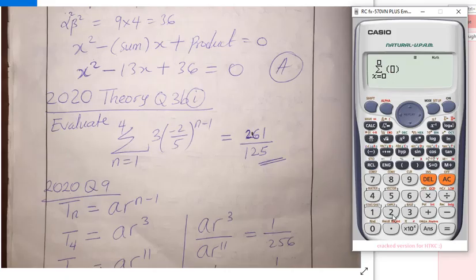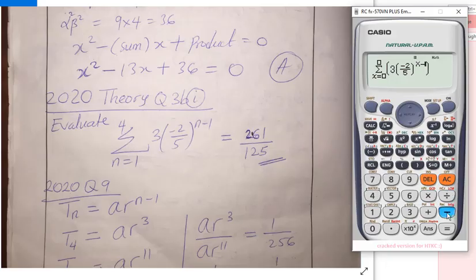I have a 3, right, open bracket, then minus 2 over 5, right, close the bracket, raised to power x minus 1, since I have changed my n to x.